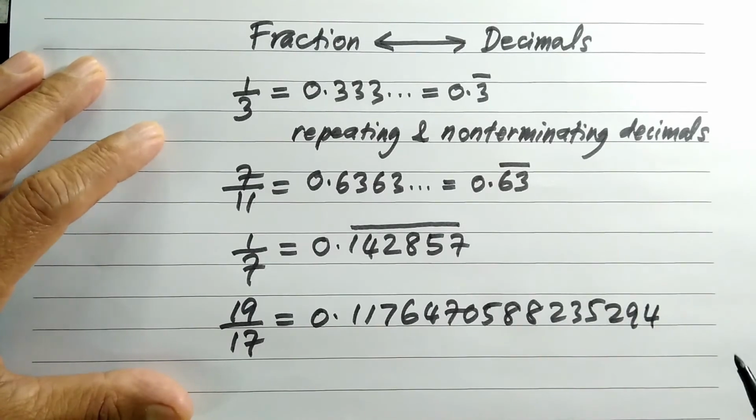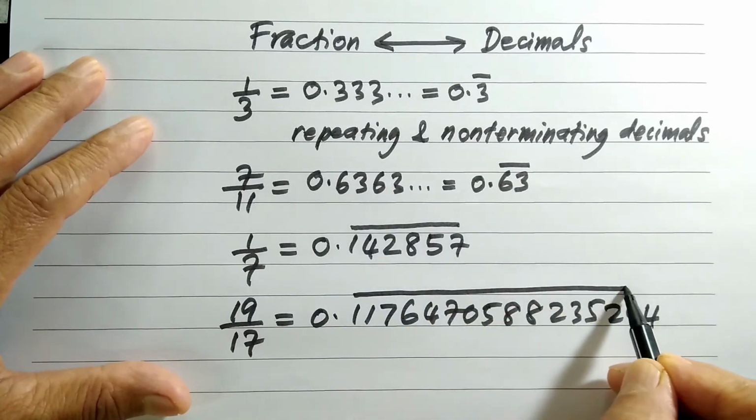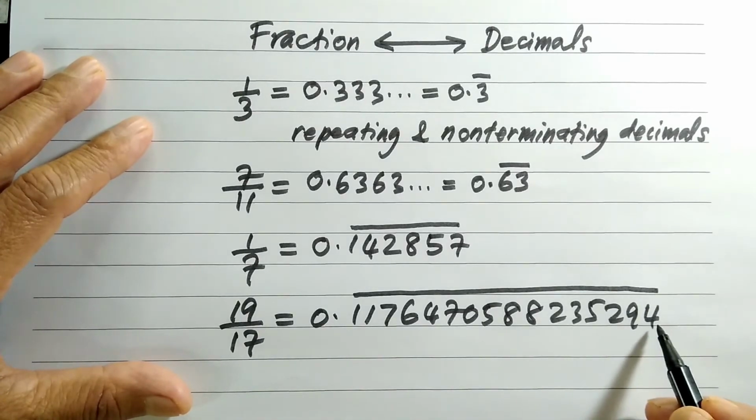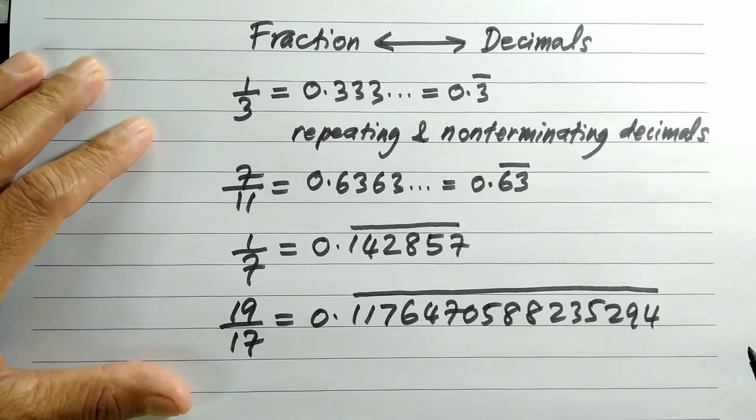I hope I got it right. We have a bar over the whole of this number. Meaning 19 over 17 is equal to 0. and this whole number repeating itself and non-terminating without ending. Therefore, this number also is a rational number.